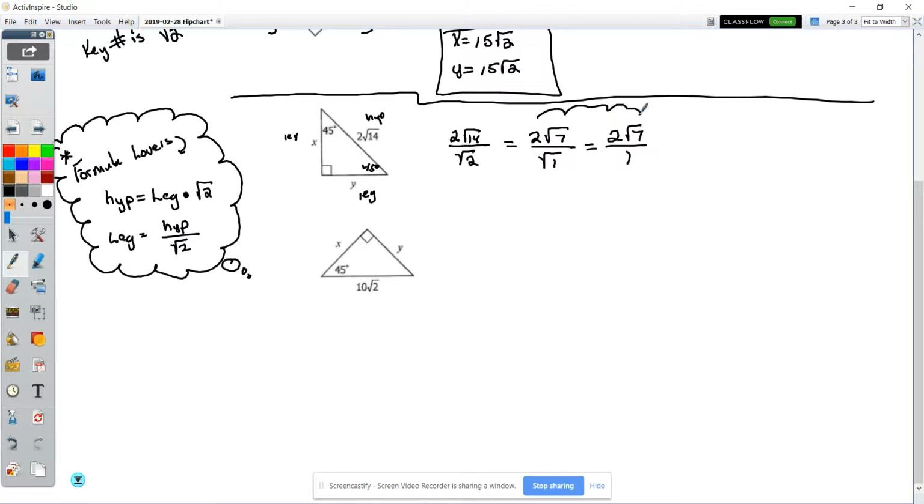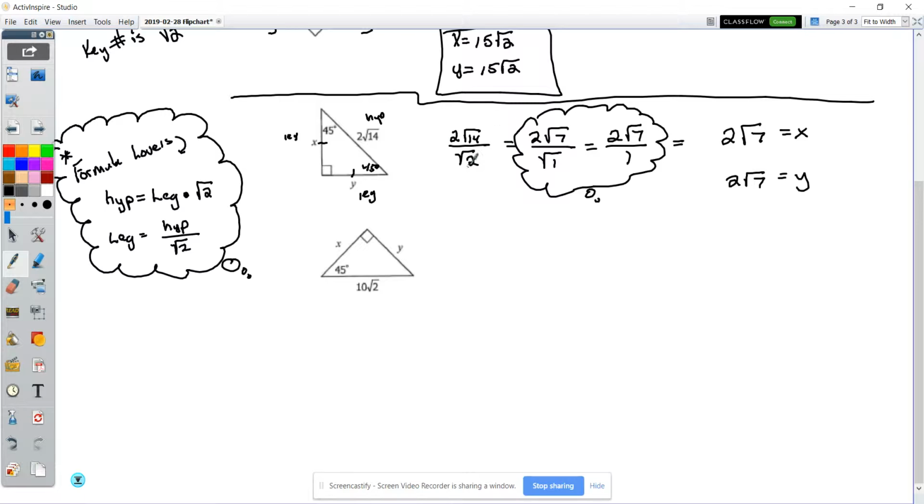This would be what's going on in their heads. They're just thinking about this, and they go, oh, well, this is just 2 times the square root of 7. This is what x equals, and this is also what y equals, because the x and the y in this case, since they're both legs, are the same. So 2 times the square root of 7.